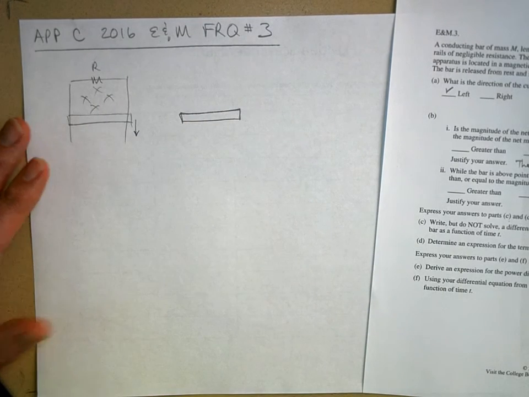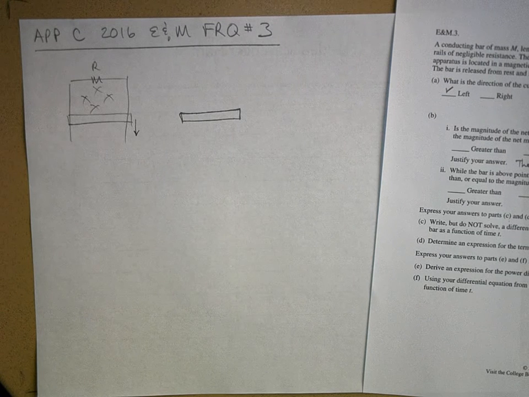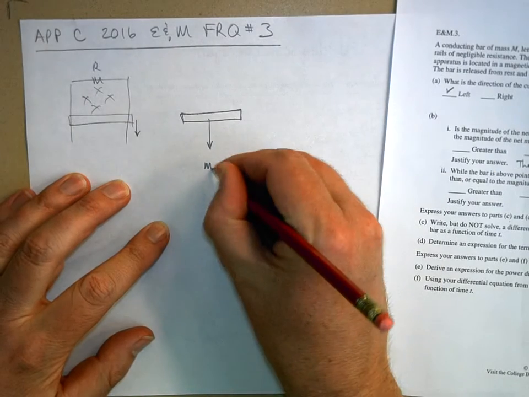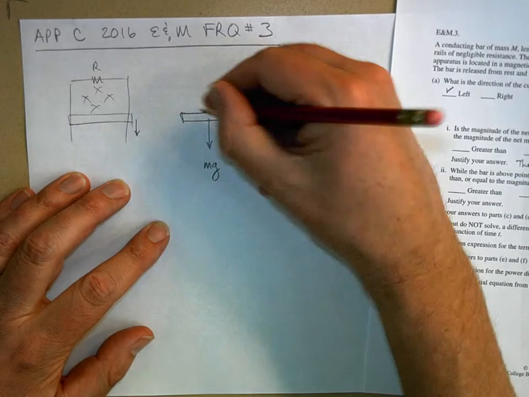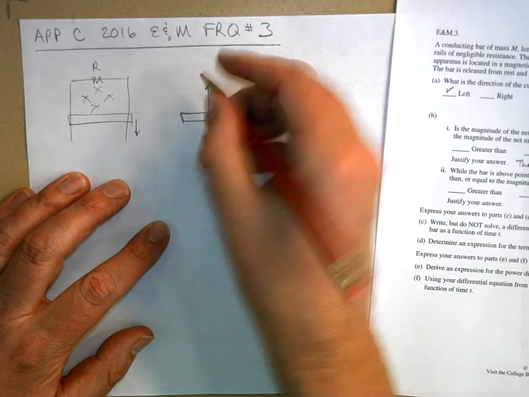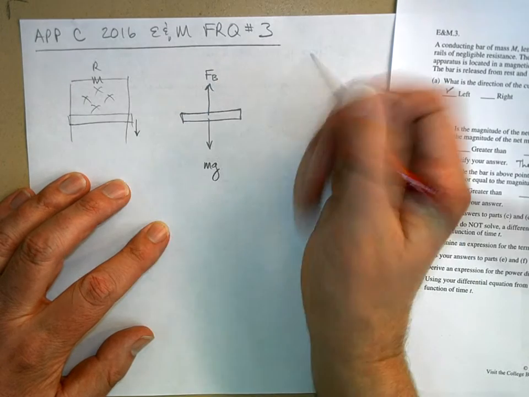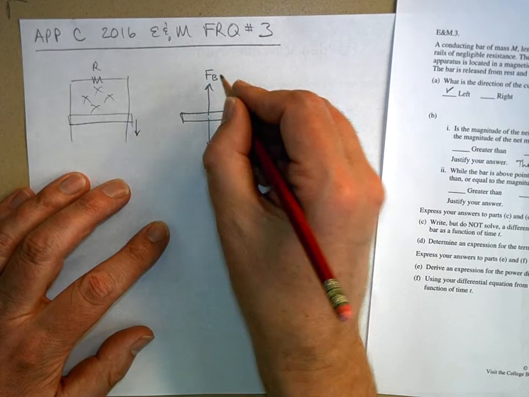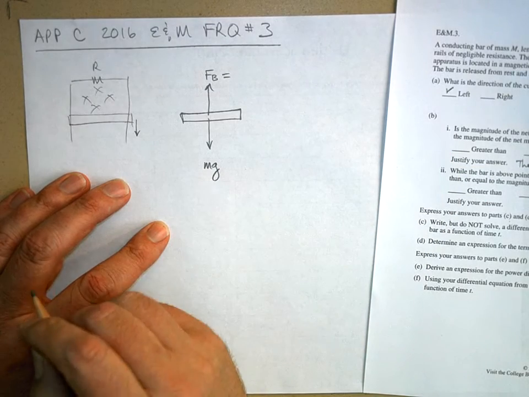Okay, now we're going to have two forces acting on this. We've got mg, and then we've got this magnetic force, F sub b. Now mg is a constant, it's down, but what is this?